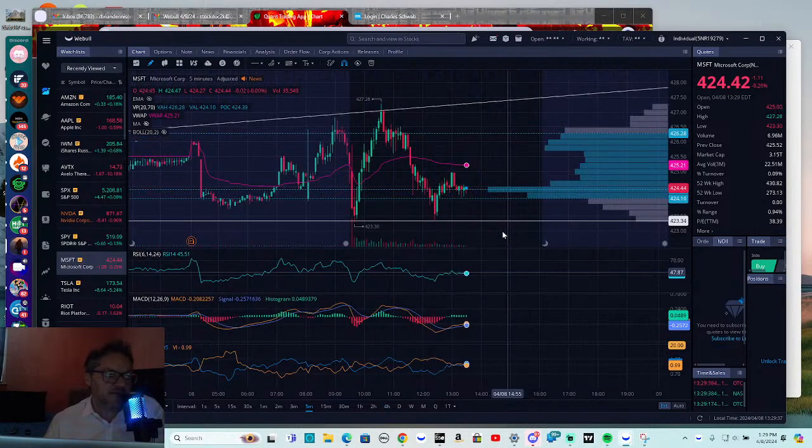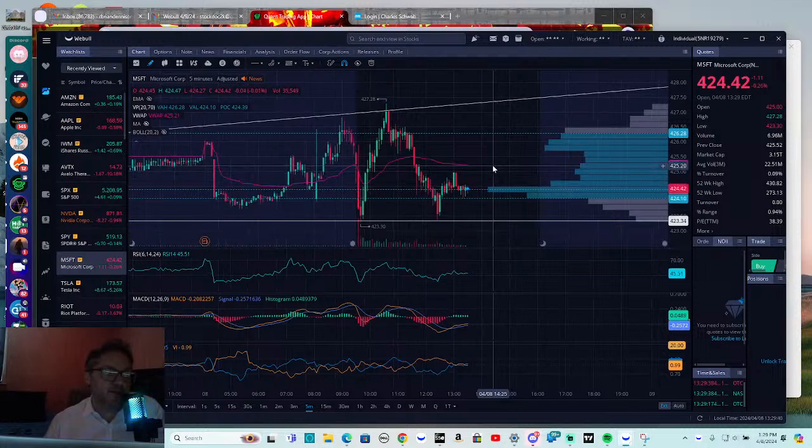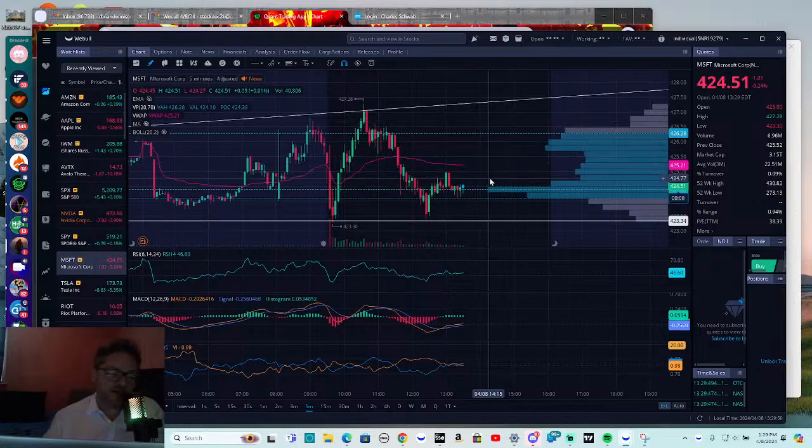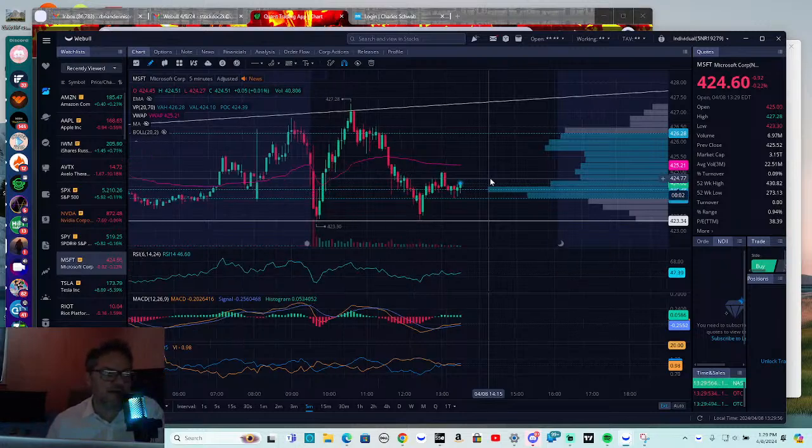So now that I have that theory, we have the VWAP to get over. If we get rejected at the VWAP again, I'll close the position and say that's a failure and try again another time. But I'm playing to the VWAP. Once that's breaking, I might add more to it. This is, again, just the way I trade. I'm not telling you guys to do your own thing, but just trying to get my thinking across.